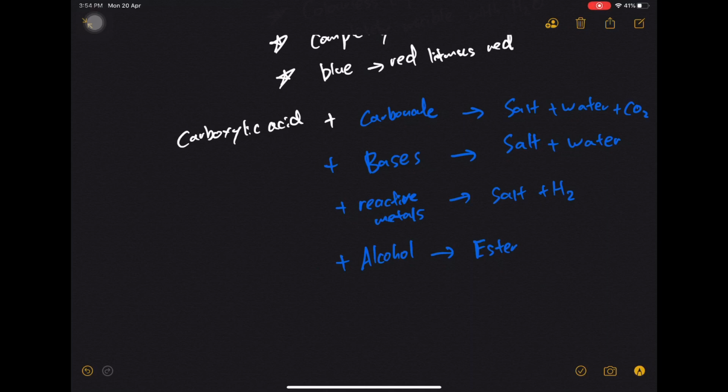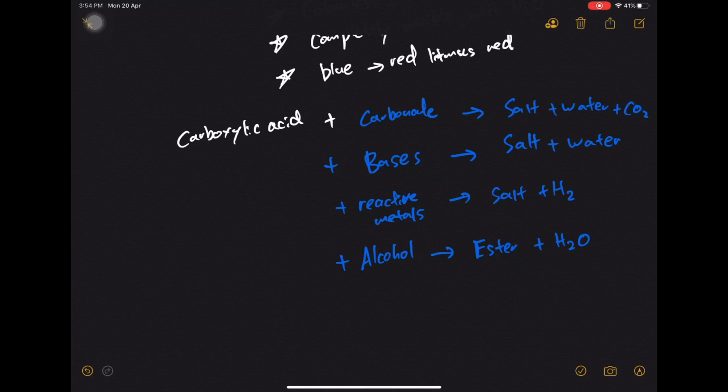It's going to be something sweet. Ester is something sweet, plus water. In the next topic, we're going to move on to esterification. It's the reaction between carboxylic acid and alcohol to produce ester and water using sulfuric acid as catalyst.